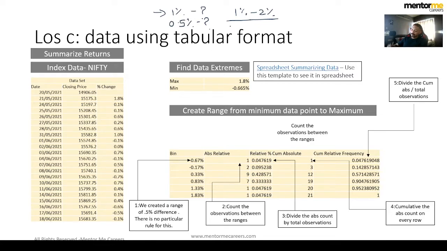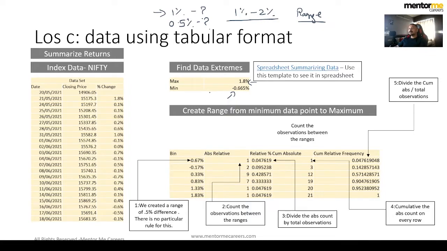So whenever you analyze data, if you want to create a range of analysis, first you need to find out what is the maximum value during a certain period and what is the minimum value. So if I look at the data set here, then my maximum daily fluctuation happens to be 1.8%. And my minimum fluctuation is negative 0.665%.